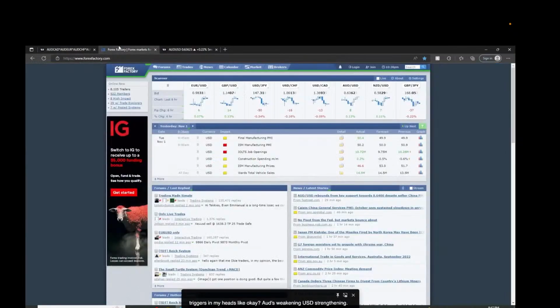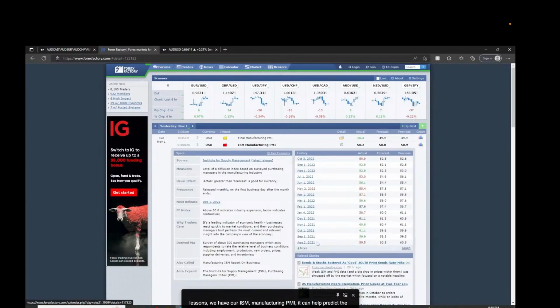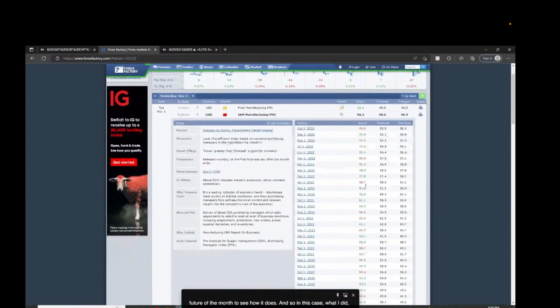Not only did I do that, but we used our economic indicators. I knew that it was the first working day of the month, and as we've learned previously in the lessons, we have our ISM manufacturing PMI. It can help predict the future of the month. So in this case, I clicked more and scrolled down.